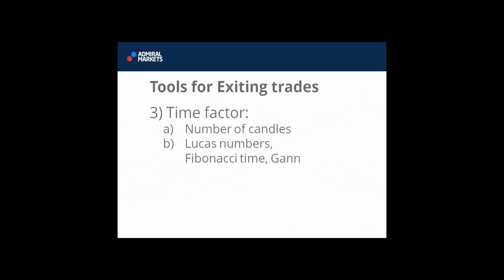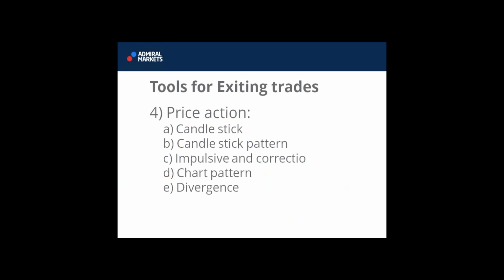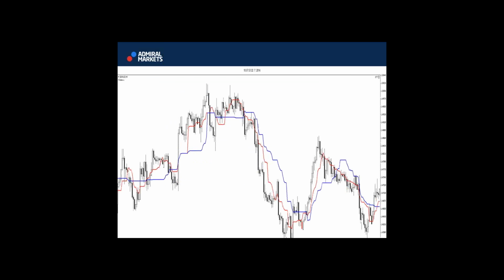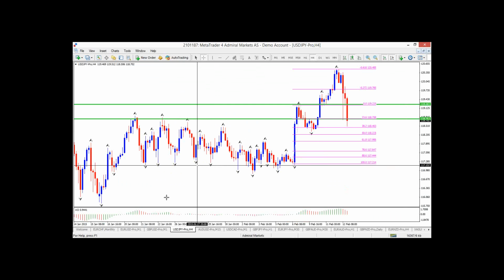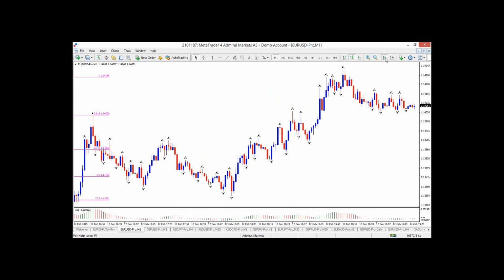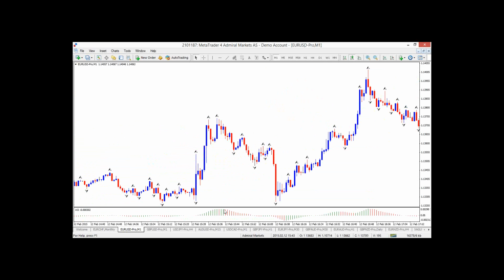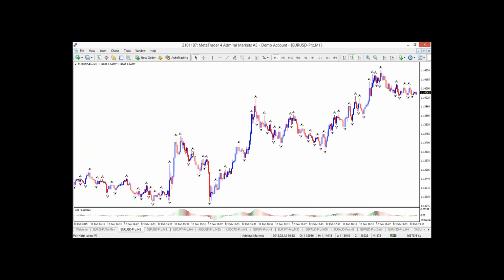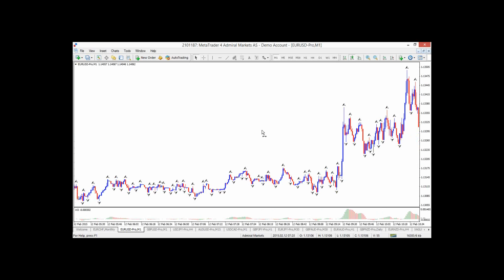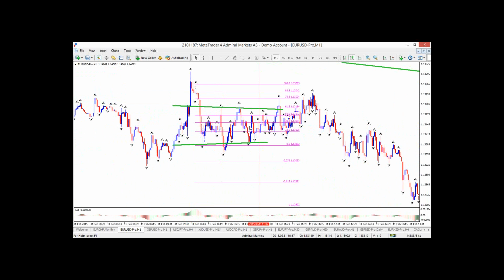Last but not least, the time factor. The time factor is very interesting, I think, specifically the number of candles. It's something that I use for my own trading a lot. Let me use a live example on the 1-minute chart. For those that were in the webinar yesterday, by any chance, you know what I'm going to show you here.